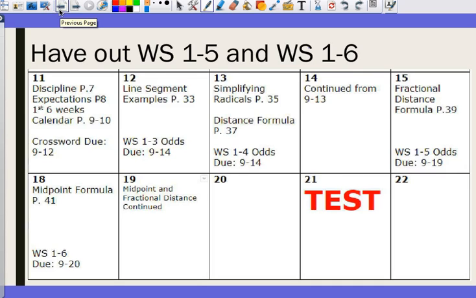All right, you need more time? We are not supposed to have cell phones out, and we are supposed to be writing in our calendar. I'm going to give you guys one more minute to finish the calendar. You do not have a CBA today.